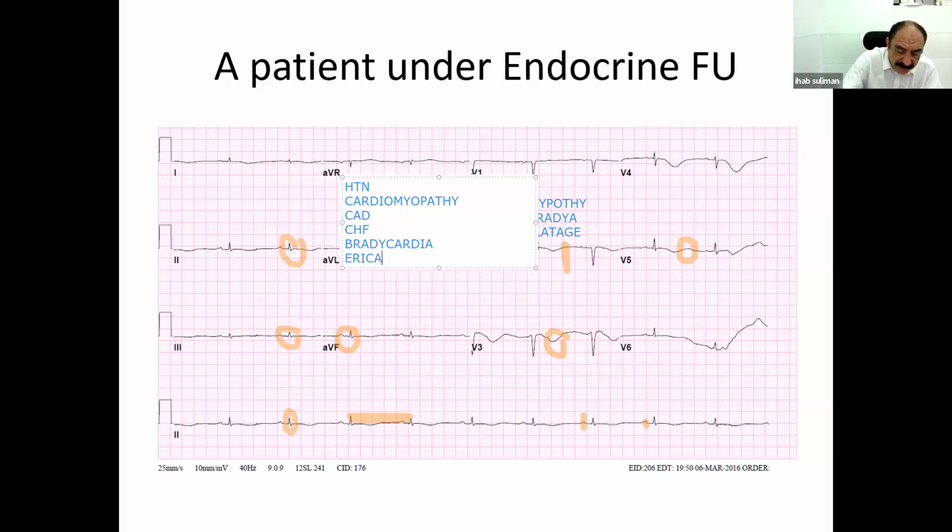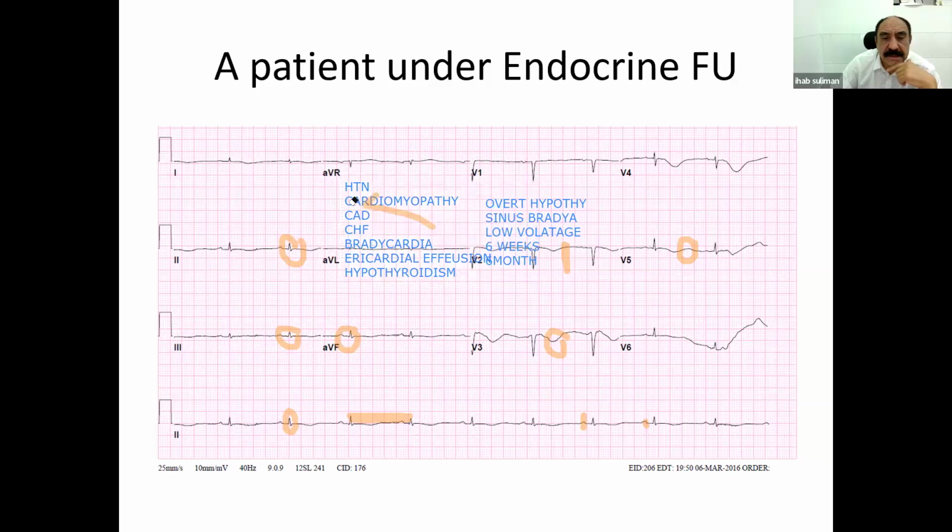So all these are effects of hypothyroidism. It can affect the myocardium itself, the coronary arteries, the pericardium, but it will not affect the valves. So it is important to recognize hypothyroidism and to treat by replacement therapy.